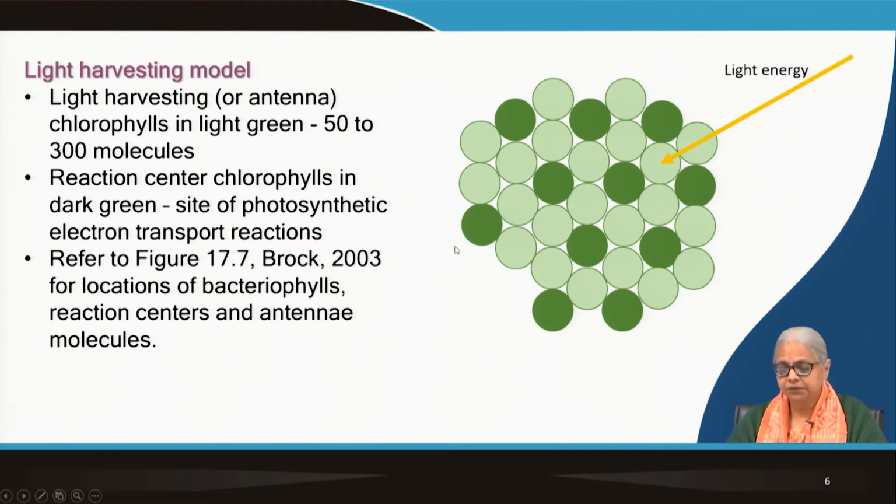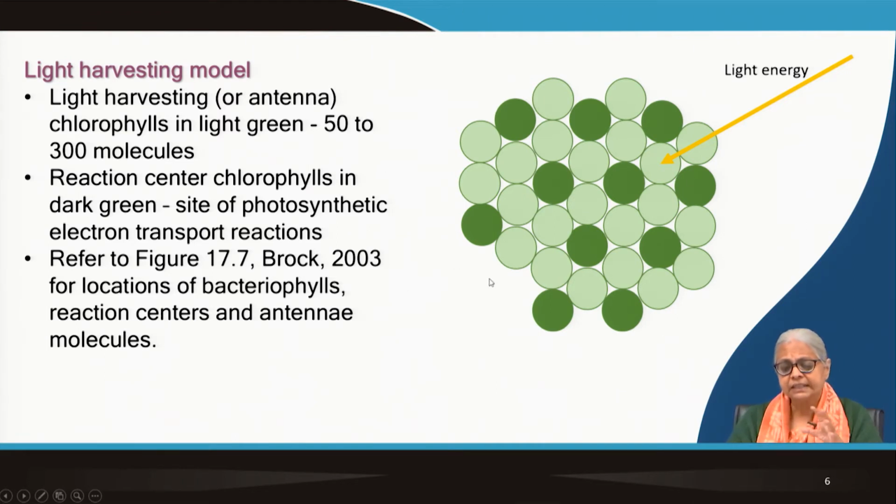The reaction centers are shown in dark green color. For every reaction center, there may be 50 to 300 molecules of the light harvesting chlorophylls. And again, I will refer you to figure 17.7 in the Brock textbook.